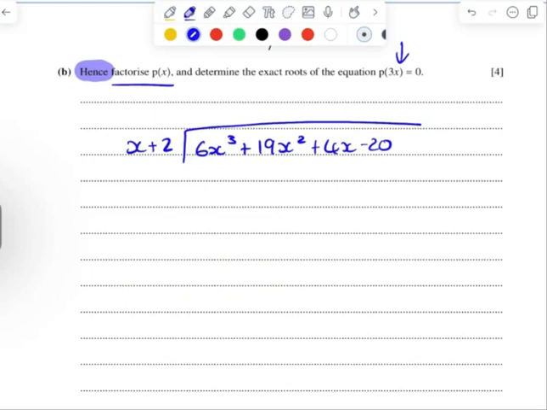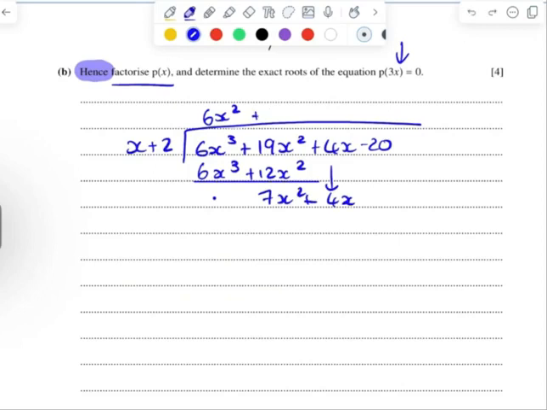Okay, so let's just quickly do that. 6x cubed divided by x gives 6x squared. Okay, so divide, multiply, subtract. And then bring down.